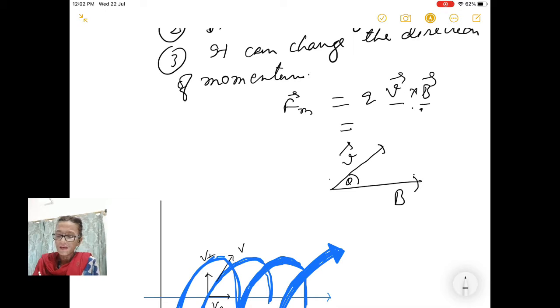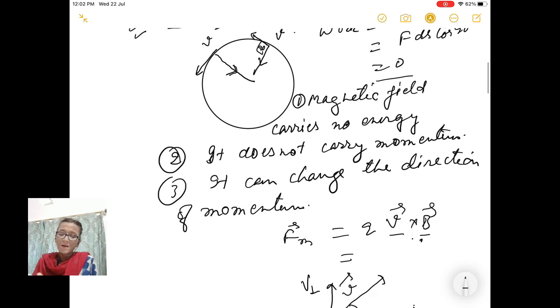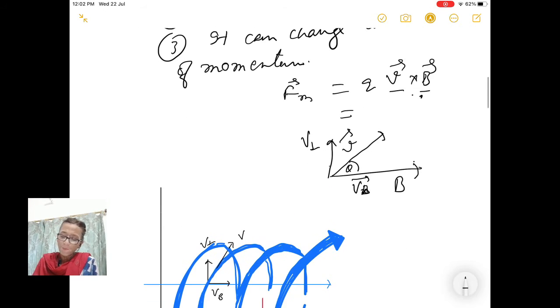So vector v will have two components, v along B and v along the perpendicular direction, v_B and v perpendicular. Due to this perpendicular component, the particle will follow a circular path.